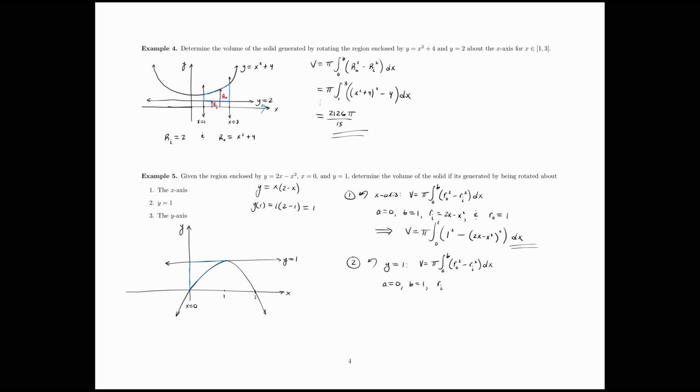Our inner radius, though, what's that going to be? Well, since we are rotating about this axis, do you notice how this isn't actually a washer now? The inner radius is technically 0 because the axis of rotation touches the region. So this is really a disk, not a washer.